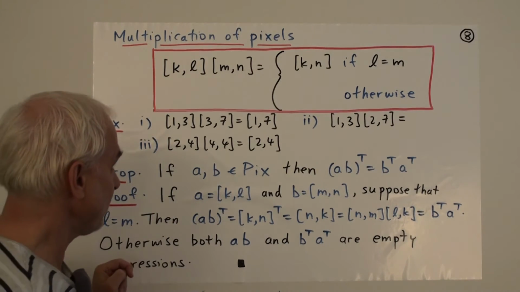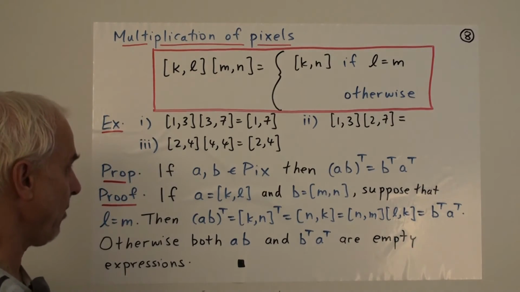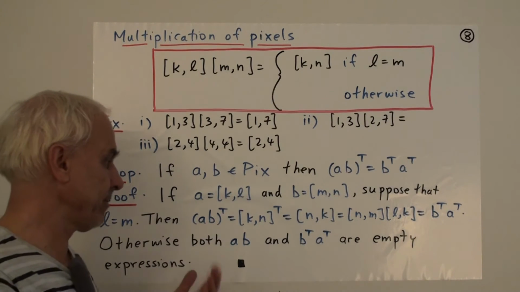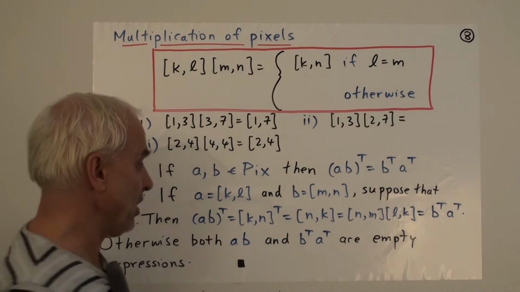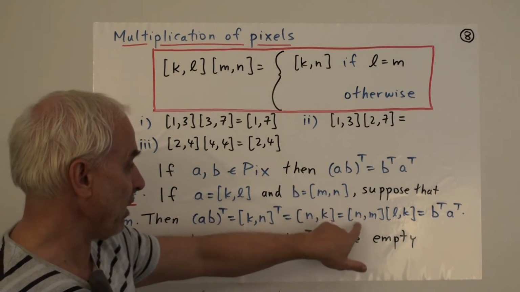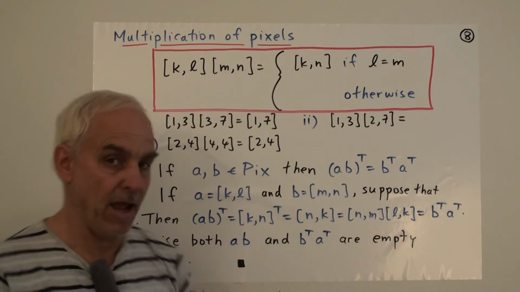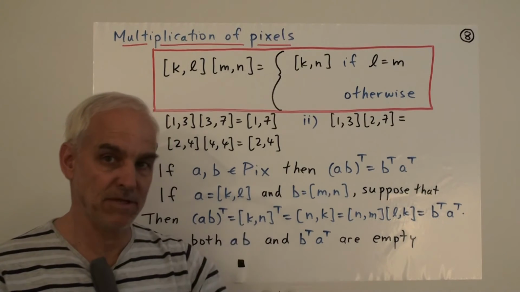Now, suppose that L does not equal M. Well, in that case, A times B is empty. And in that case, B transpose times A transpose. Well, B transpose will look like this thing, and A transpose will look like this thing, and if L is not equal to M, then we're in the same situation, that product is going to be empty.